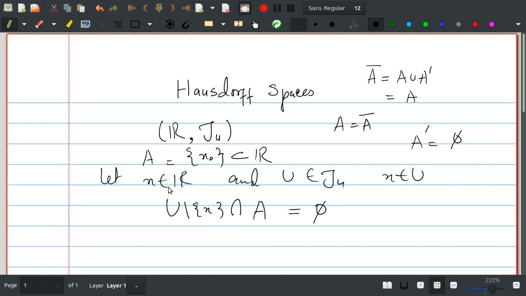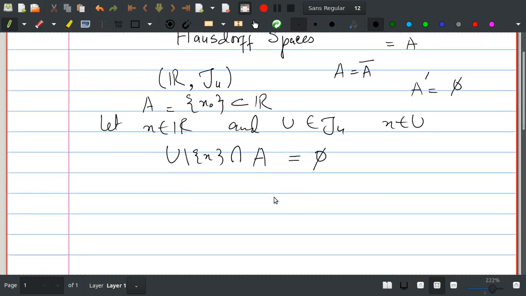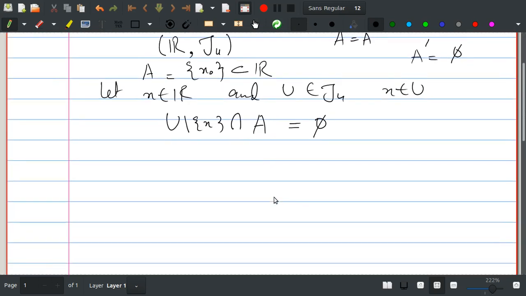That means no real number in R is a limit point of x0. So this means this topological space is such that every singleton is a closed set.